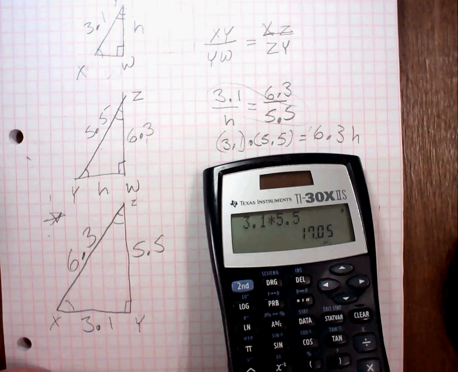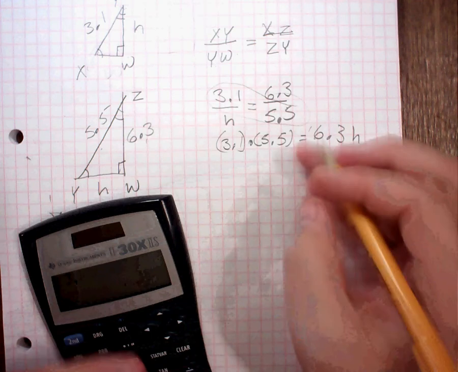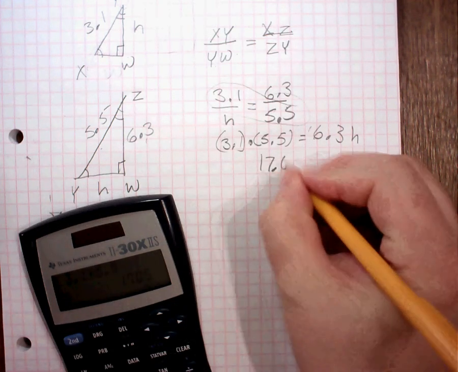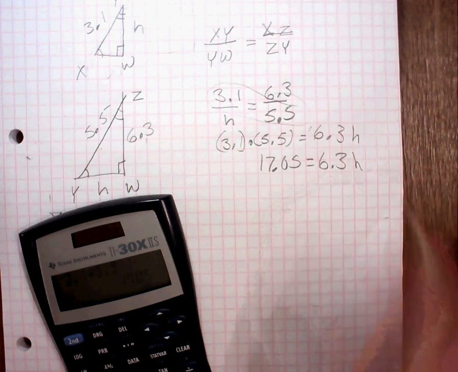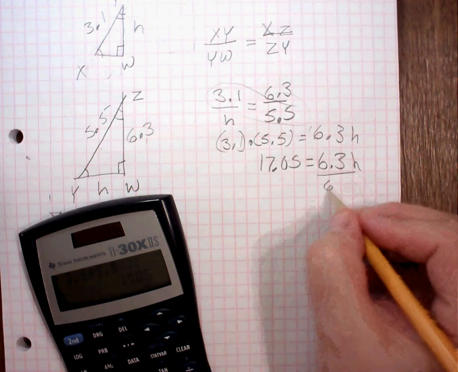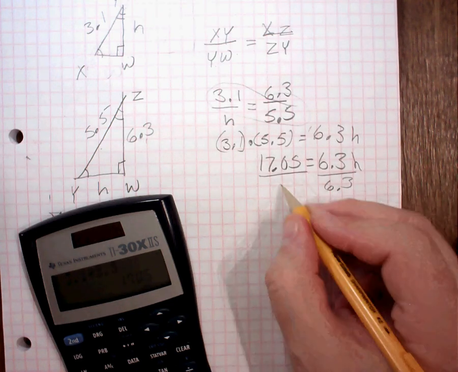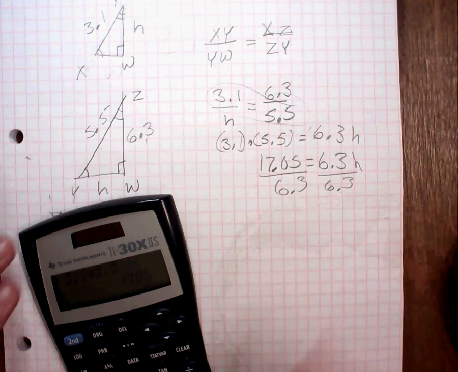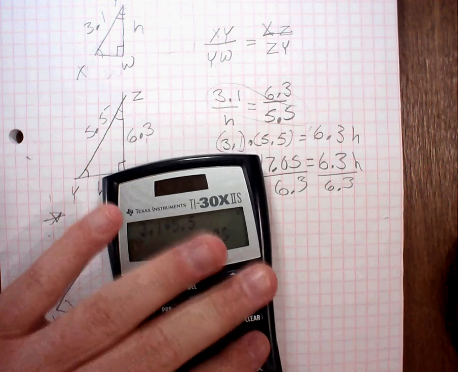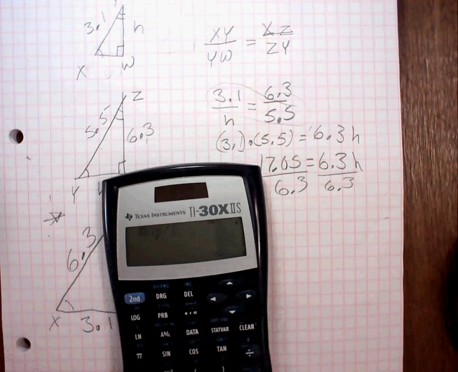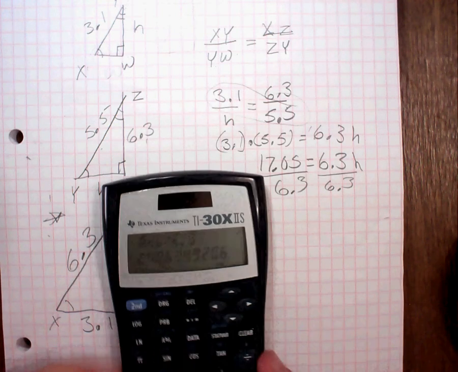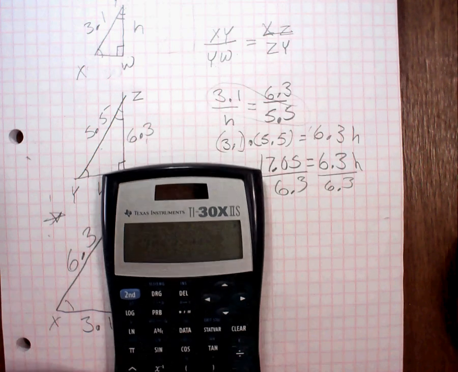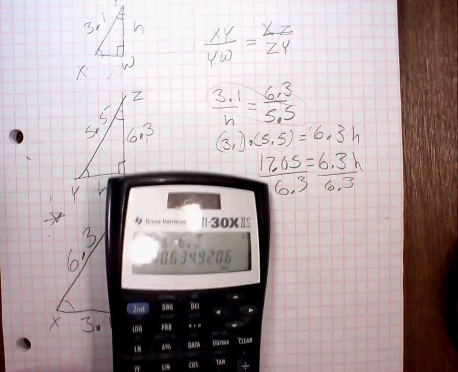See that? So all this becomes 17.05 is equal to 6.3 H. Then I'm just going to divide both sides by 6.3. Do that on my handy dandy calculator. Divide by 6.3, and I get 2.7 something something something.